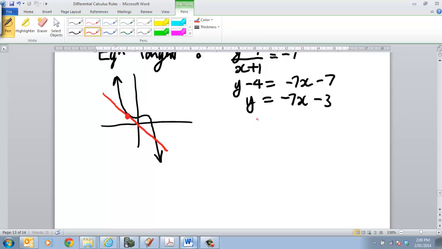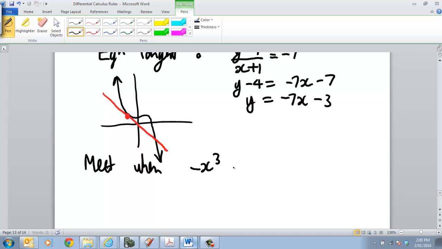They have to have the same y coordinates. So what we've been saying is they meet when negative x cubed plus 2x squared plus 1 is actually equal to negative 7x take 3. They have to meet at that point because they have the same coordinates, don't they?